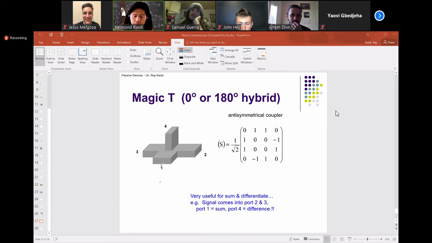If the input is 1, then the power can go to 2 and 3, right? In phase, equal split. If the power is coming from 4, it will go to 2 and 3, equal split, but 180 degrees out of phase. And the reason it is 180 degrees out of phase, we talked about that earlier.